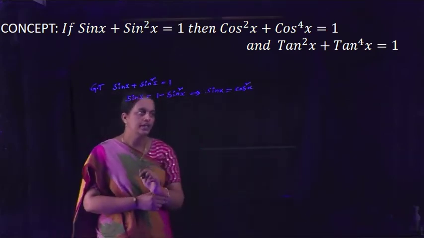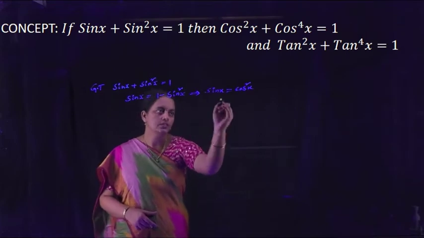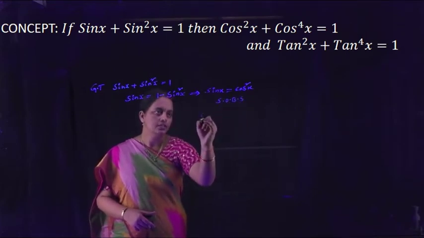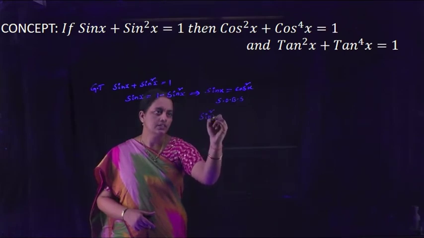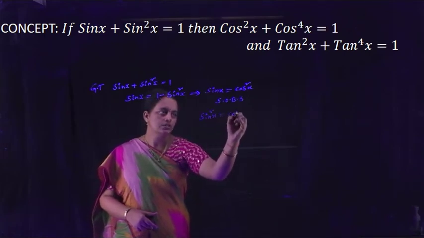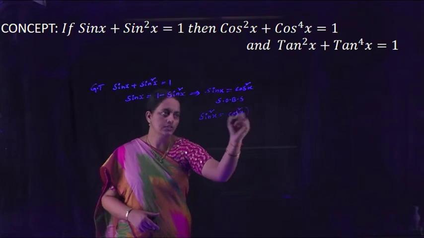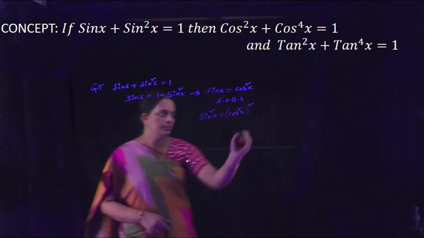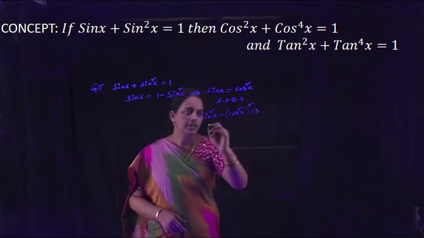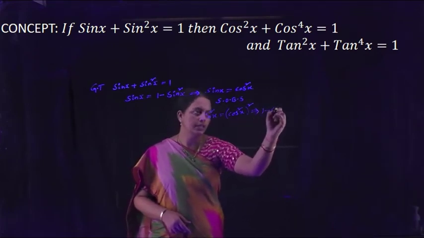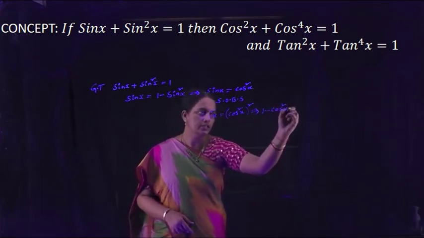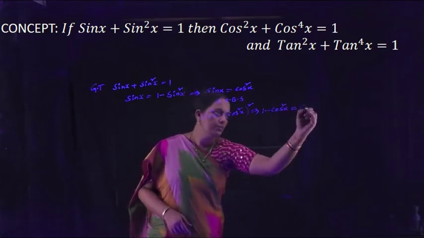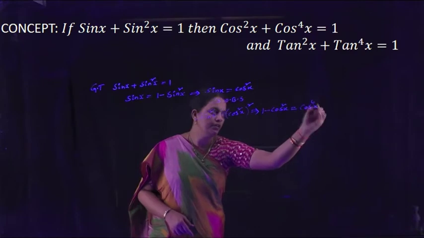Okay, squaring on both sides, we get sin square x is equal to cos square x whole square. That means sin square x, which is 1 minus cos square x, is equal to cos square x whole square, which means cos power 4x.